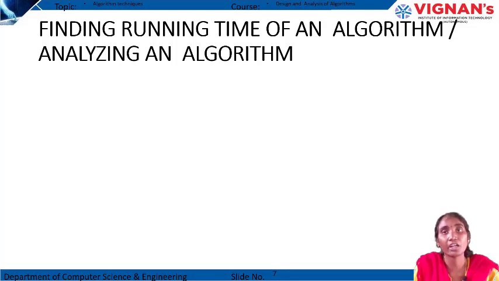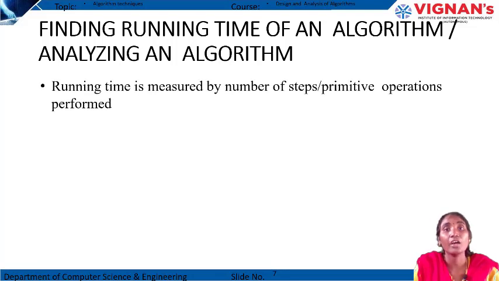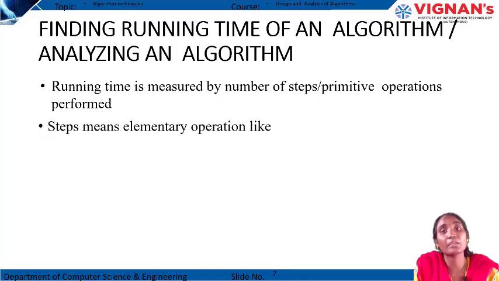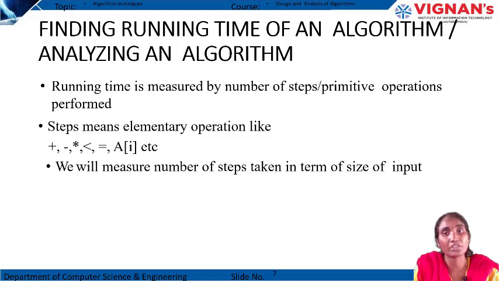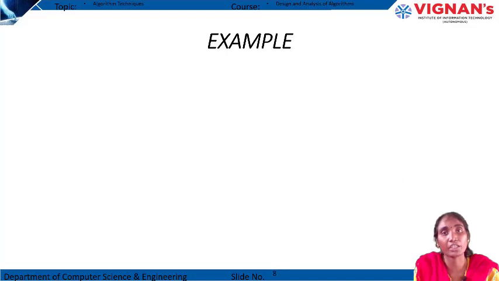Now, how to find the running time or analyze an algorithm? Running time is measured by the number of steps per execution. Steps mean elementary operations like addition, subtraction, division, remainder calculation, etc. We measure the number of steps taken in terms of size of input.